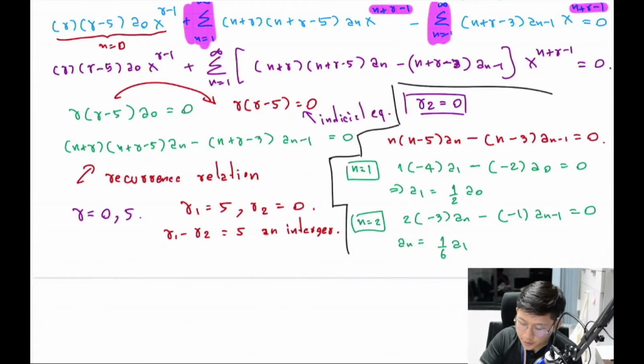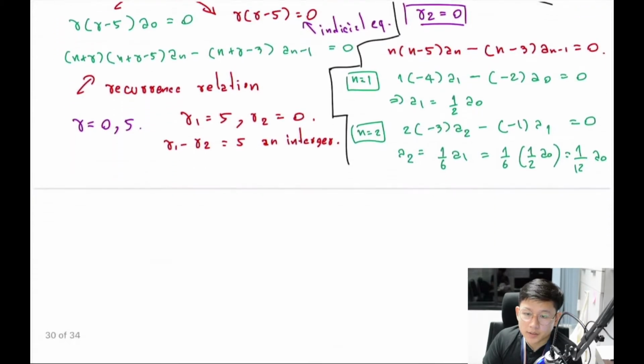Oops, sorry, here need to change n to 2, and here there will be a1. So a2, and that will be 1/6 times 1/2 a0, so it's 1/12 a0.